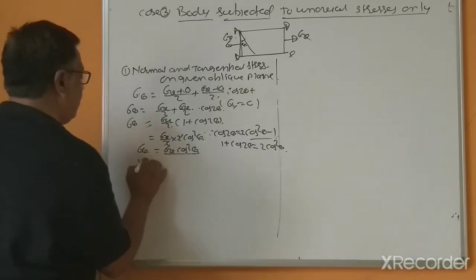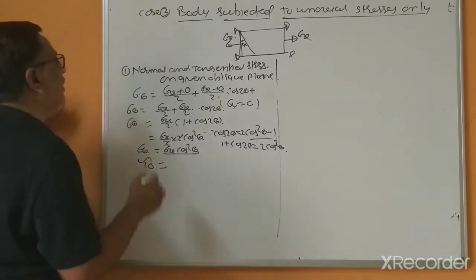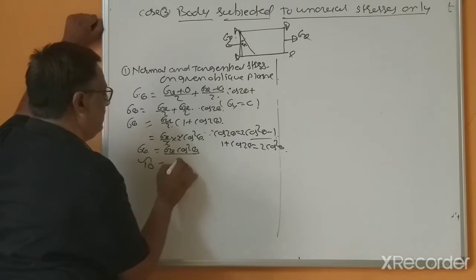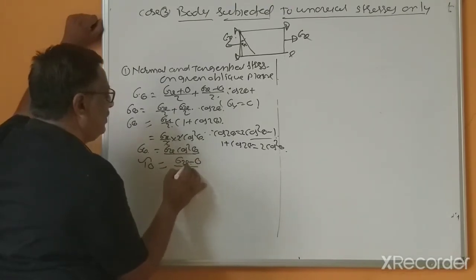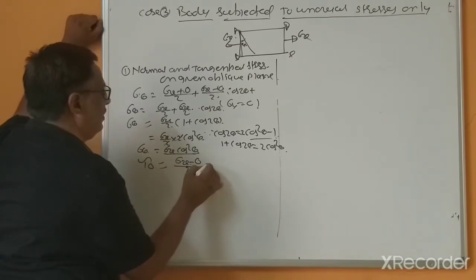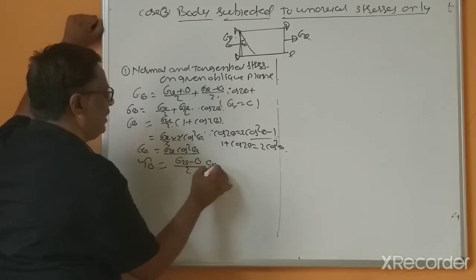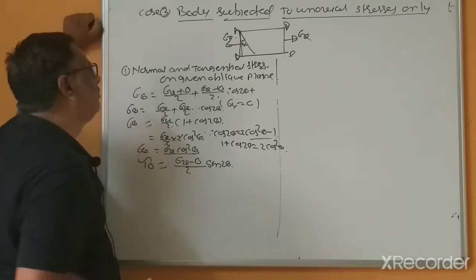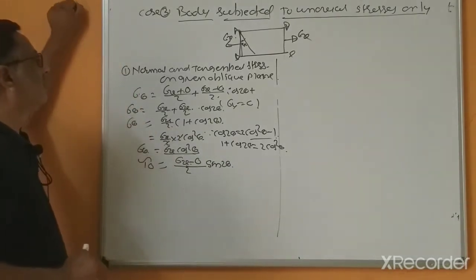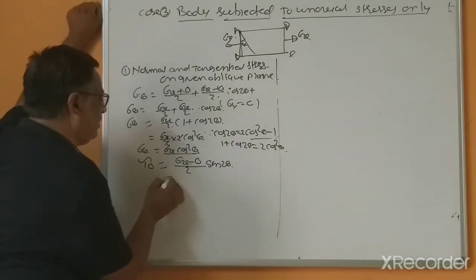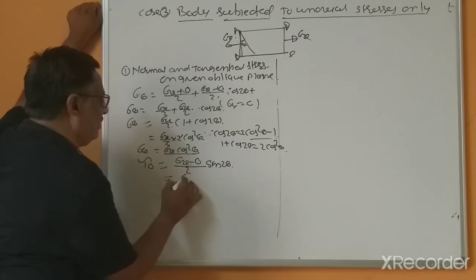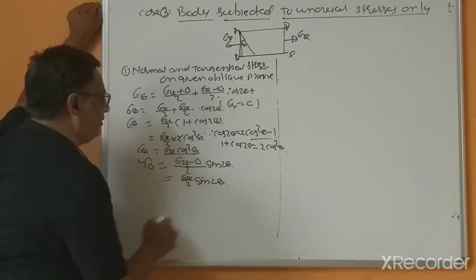Now tau theta equal to sigma x minus 0 divided by 2 and this is sin 2 theta, so tau theta equal to sigma x divided by 2 sin 2 theta.